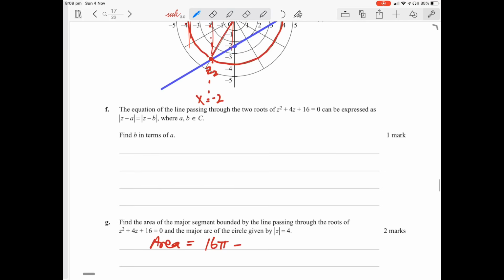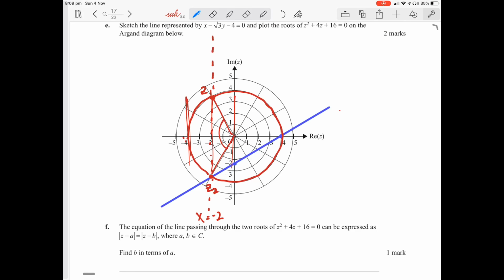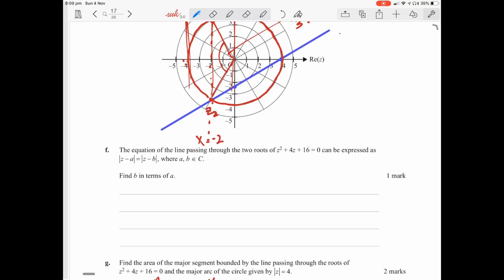So that angle in there is 2 pi on 3 all the way around, because pi on 3 in there, so that's going to be 2 pi on 3.